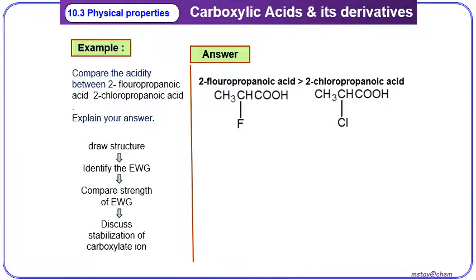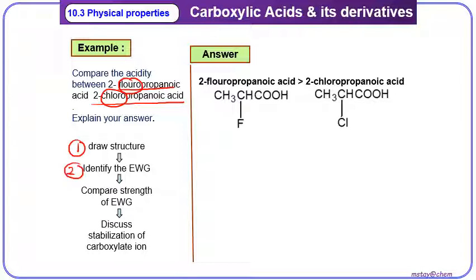One example in the notes: we need to compare the acidity between 2-chloropropanoic acid and 2-fluoropropanoic acid. Based on this question, it is obvious that the difference is chloro and fluoro. First, we need to draw the structure.